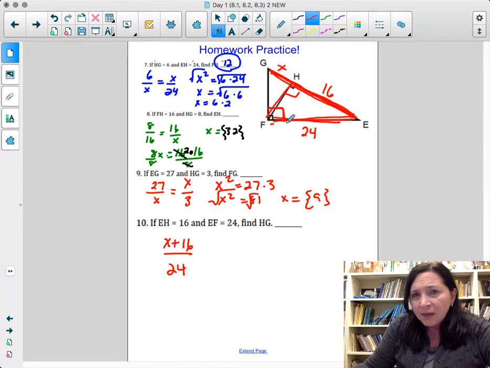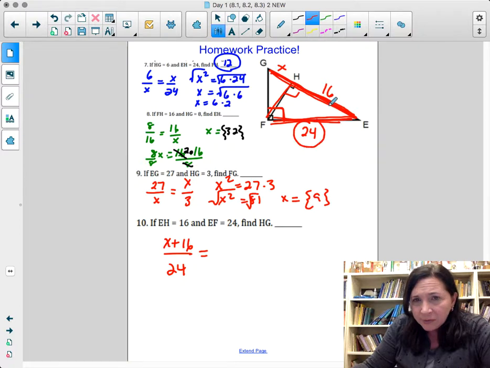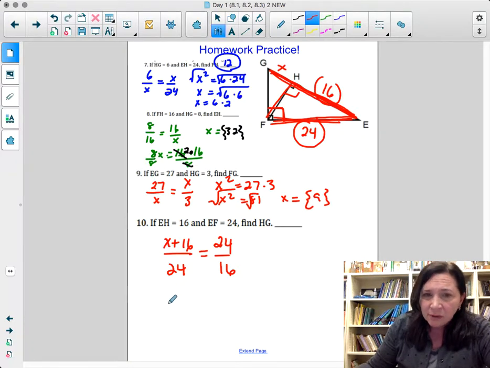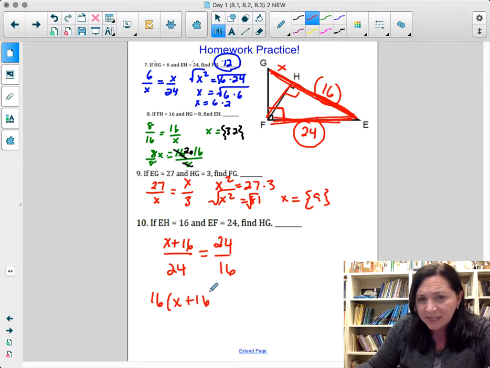Hypotenuse is to leg as, now I'm going to talk about just the small triangle. So as hypotenuse is to leg. So as 24 is to 16. Okay, so with this one, it does involve a little bit of math, and maybe you need your calculator. So 16 times the quantity x plus 16 is equal to 24 times 24.